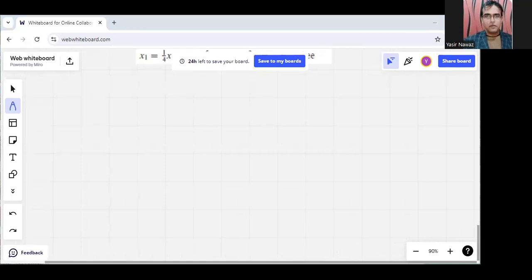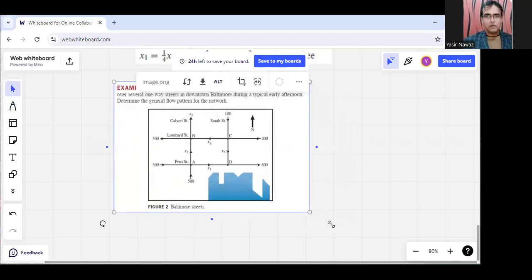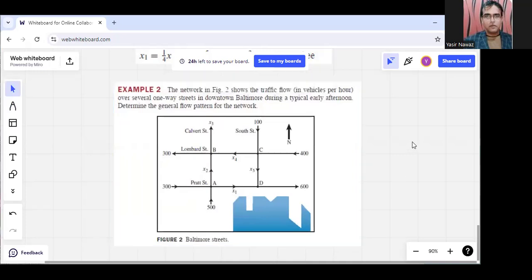The next one is the traffic flow. The network in figure 2 shows the traffic flow in vehicles per hour over several one-way streets in downtown Baltimore during a typical early afternoon.